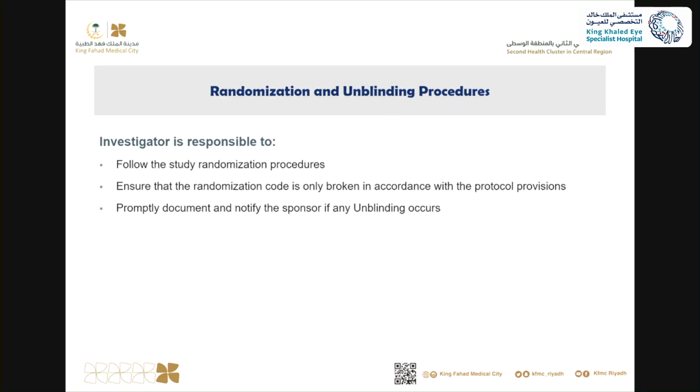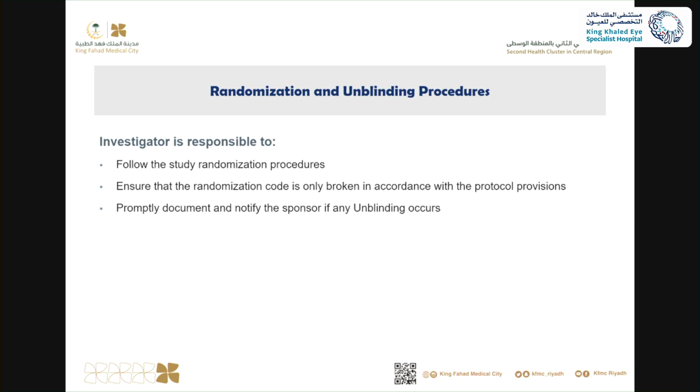Randomization and blinding. This is also an important aspect. Randomization avoids any bias that could affect the quality of your data. Breaking the blinding of the research subject is a serious ethical and scientific issue.